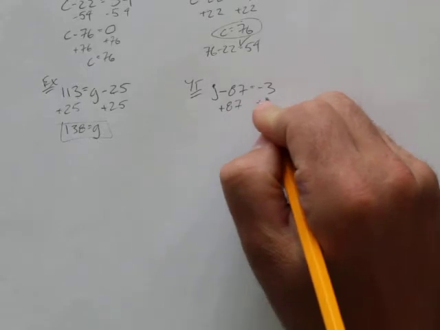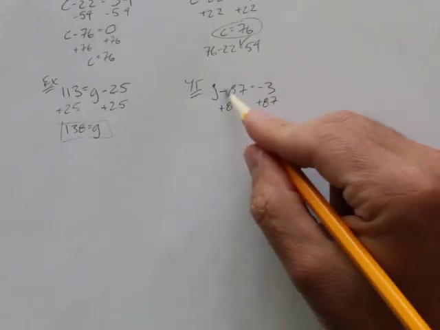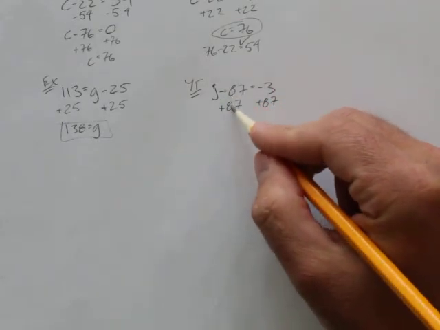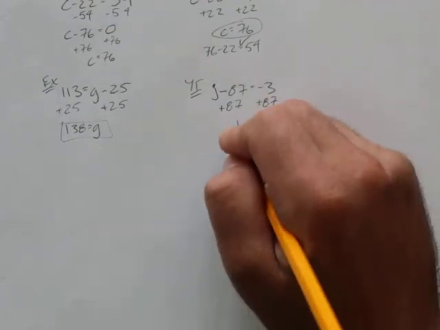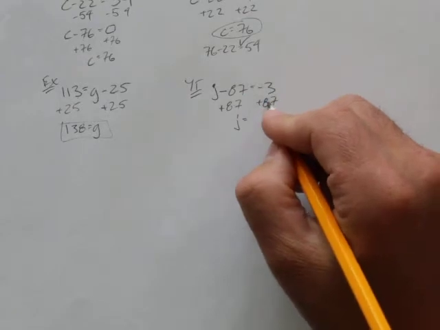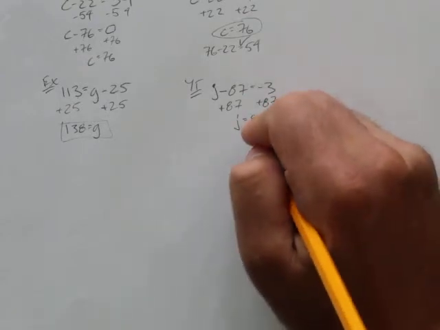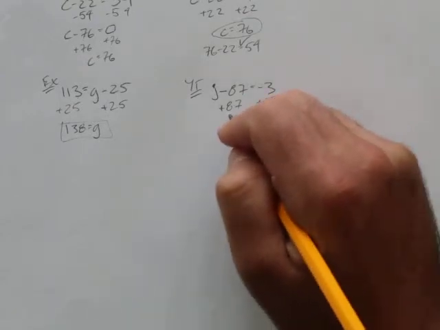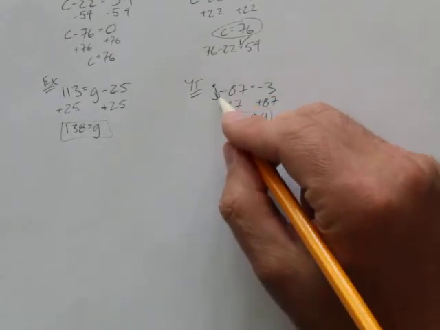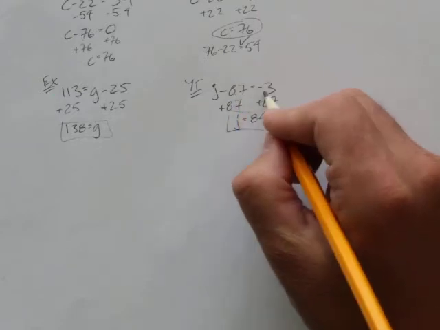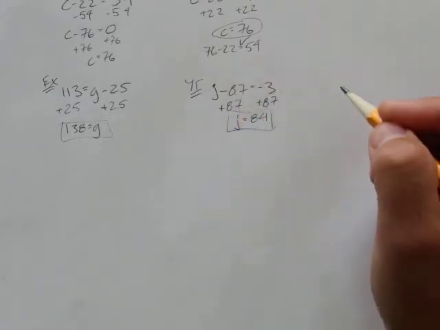I'm going to add 87 to each side, because I'm subtracting 87, so now I add it. What I do to one side, I do to the other side of the equal sign. J equals negative 3 plus 87, which is 84. If I plug 84 back in here, 84 minus 87 equals negative 3.